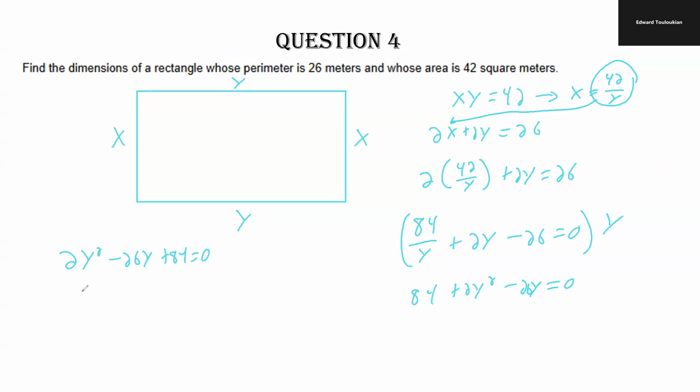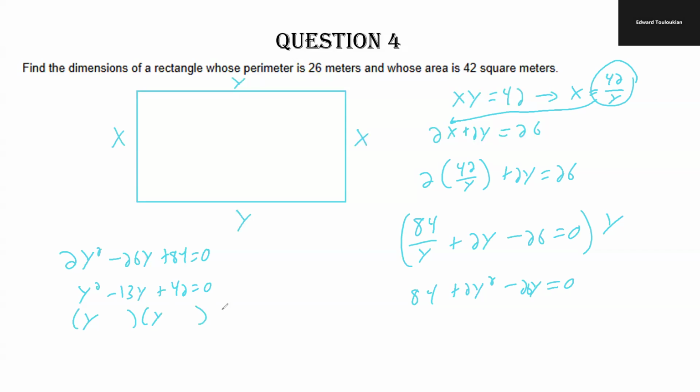Now I can factor a 2 out of all these. So y squared minus 13y plus 42 equals 0. And then here's where I have the decision of, do I want to try to factor this or do I want to use the quadratic formula? I'm going to try to factor this. This doesn't look too bad.